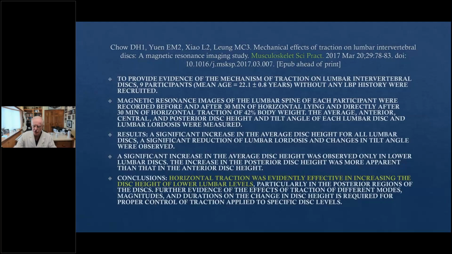That is to reduce the compressive effects of gravity, particularly in the posterior disc, where the herniation, the stenotic change, the changes in the ligamentum flavum, the end plate hypertrophy, the facet arthrosis, all combine to create spinal stenosis.